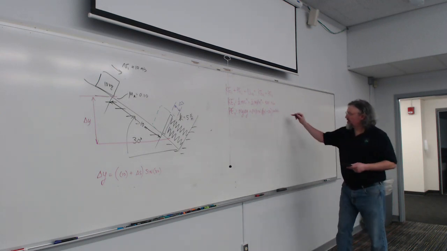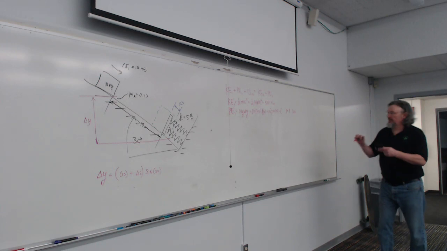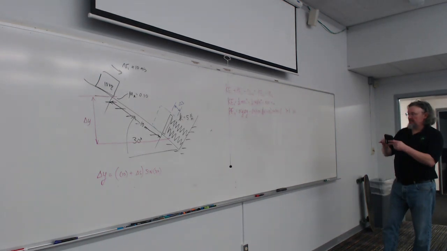If I want, I could go ahead and find what this is going to be right here. So I'm going to get 10 times 10, 100, 981, and times the sine of 30, which should be 0.5.